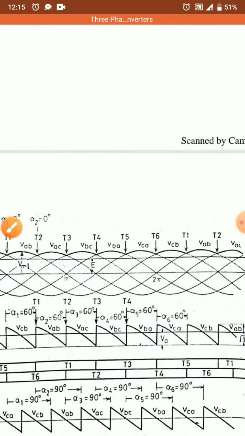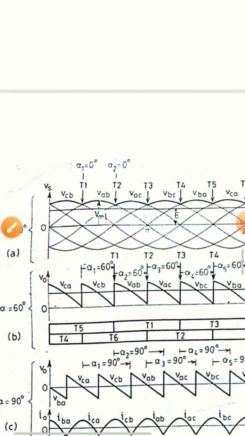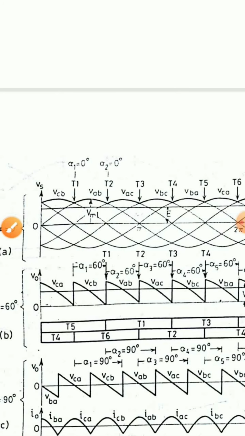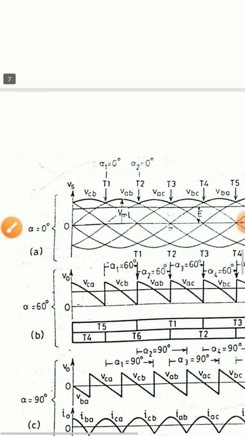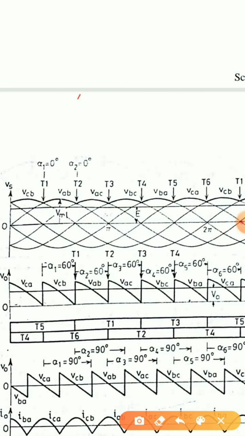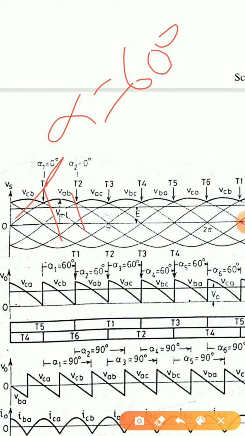Now let us move on to the next waveform. For understanding that waveform, we'll come back to how we are getting this pattern. Initially we have seen that my firing angle is 60 degree. When my firing angle is 60 degree, it means that my thyristor T1 will turn on at 120 degree.